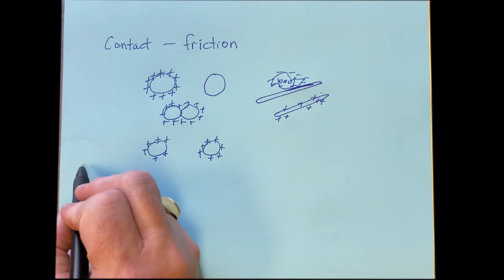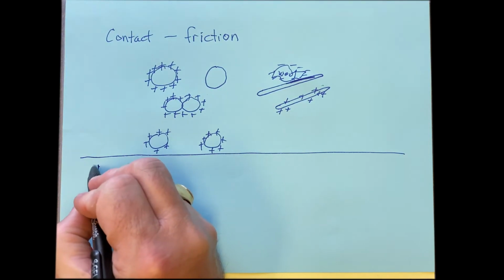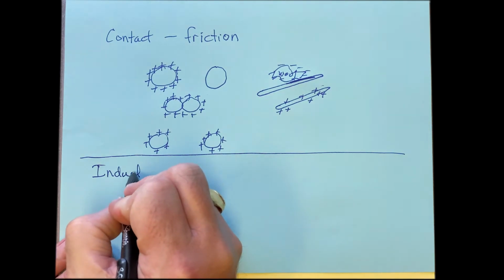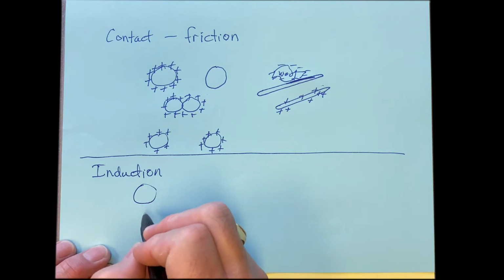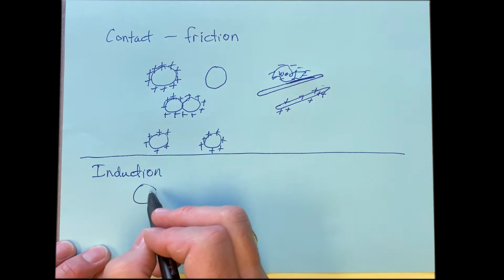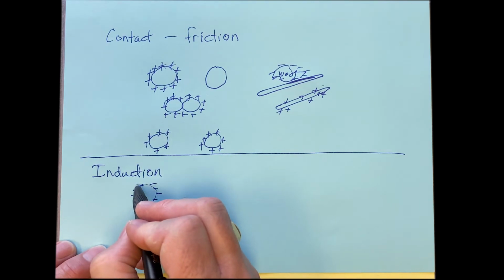Okay, now there is another way that you could charge something, and this is called induction. And the way it works is, let's say that you have a sphere, again, a uniform conducting sphere, and it has some negative charge on it.